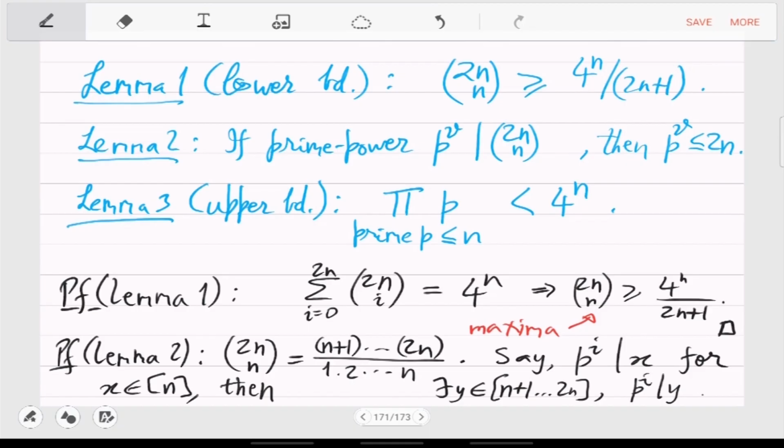Then it could have been much bigger than 2n. In lemma 2, you want to show that p raised to v is at most 2n. So if you take a factor of y and a factor of y prime and multiply them, it will become bigger than 2n. So you have to show that that is not happening.